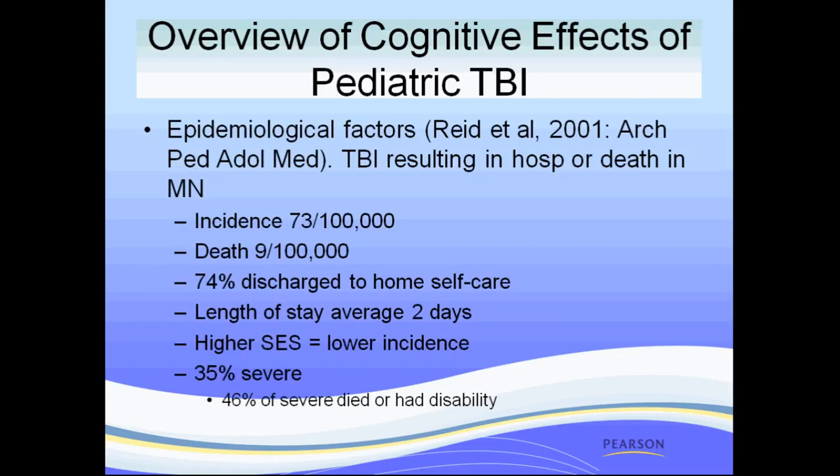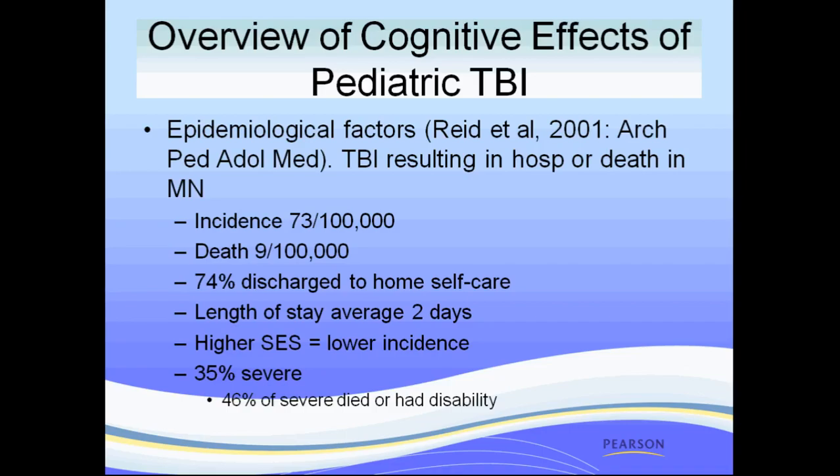Some epidemiological data shows the incidence of TBIs resulting in hospitalization or death, and this was a study done in Minnesota, that the incidence rate is about 73 in 100,000, which seems relatively small, and that's because they're not really including what we would call more mild concussive injuries that you see on a more regular basis, like sports concussions.